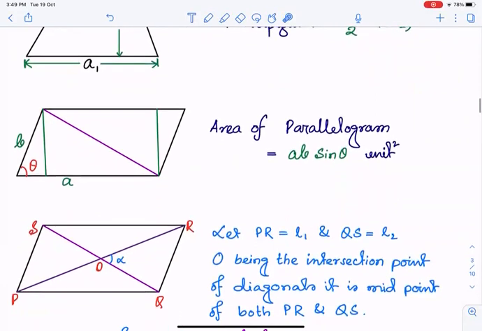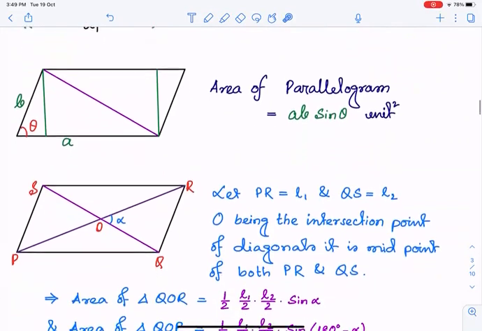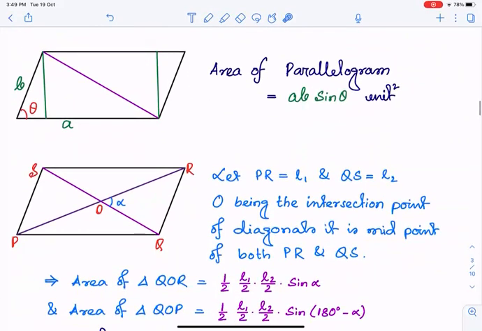If I think of a parallelogram whose diagonals are respectively L1 and L2 units, and the angle between the diagonals is alpha, then by the earlier idea, we know that this point will bisect both the diagonals. Using congruency of triangles, we can establish so.